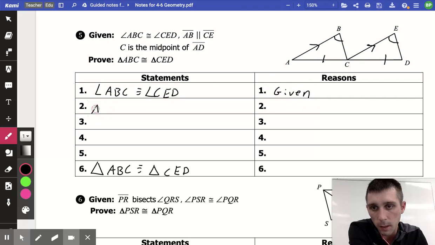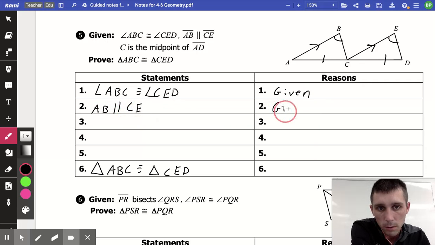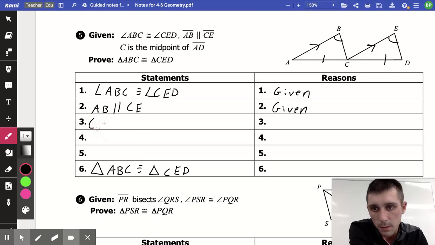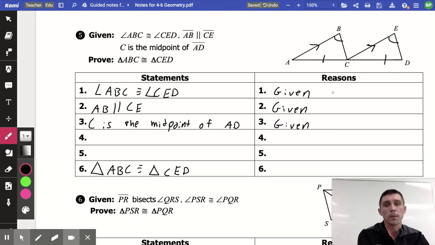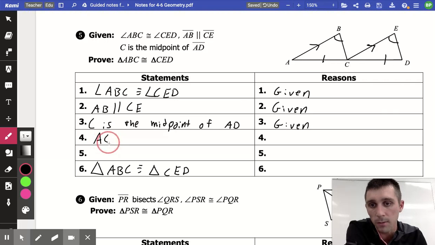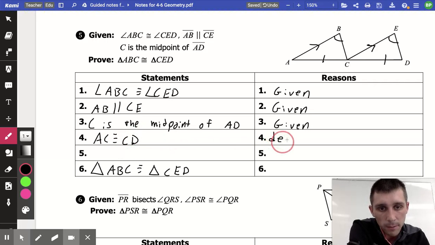The next, AB parallel to CE, given. C is the midpoint of AD, also given. So, if C is the midpoint, it cuts AD in half. The two new segments, AC is congruent to CD. How is that? Definition of midpoint.